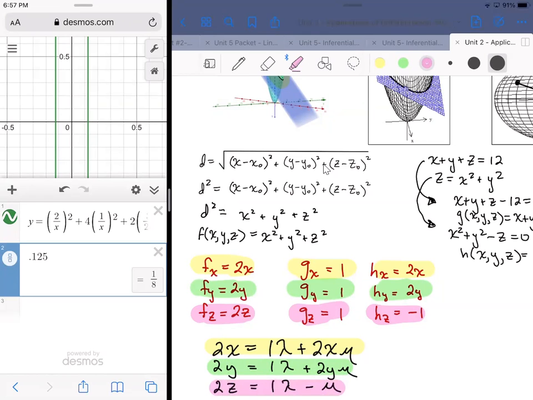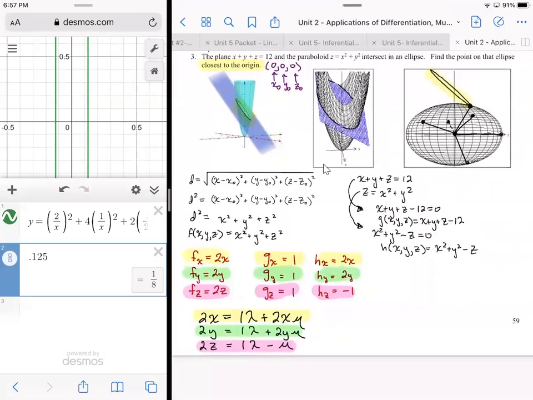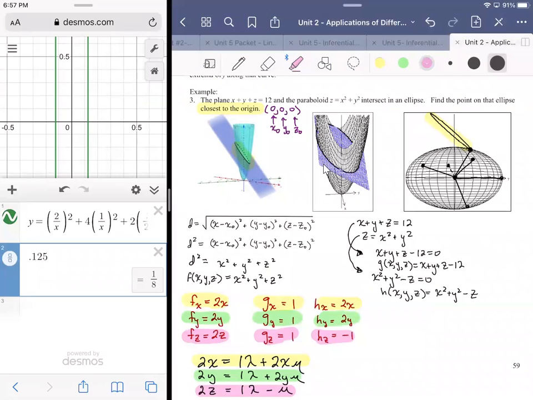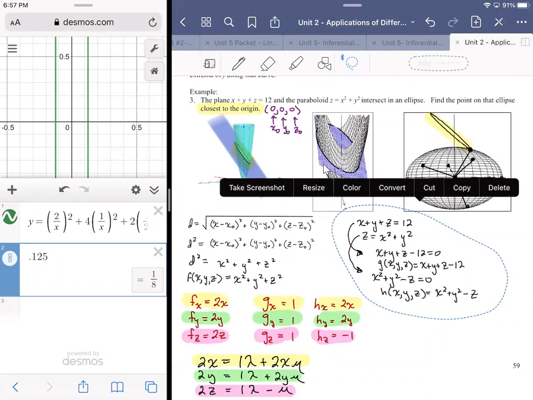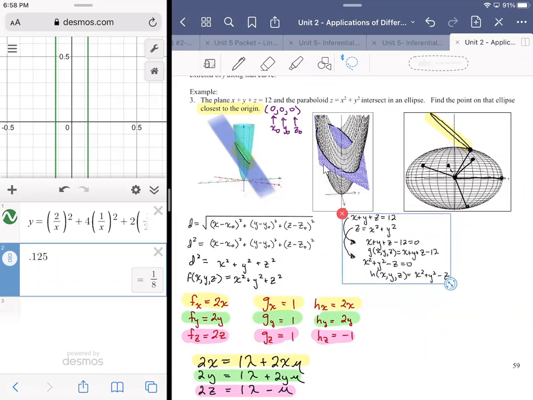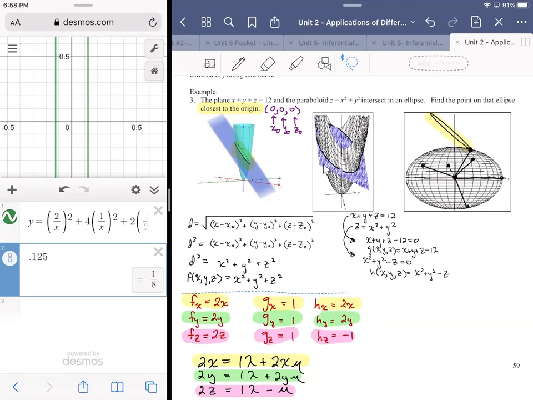Now the rest of the problem is algebra. It's like, thank you, Captain Obvious. What I mean by that is that the approach you're going to use is going to vary from problem to problem based on what makes sense algebraically.